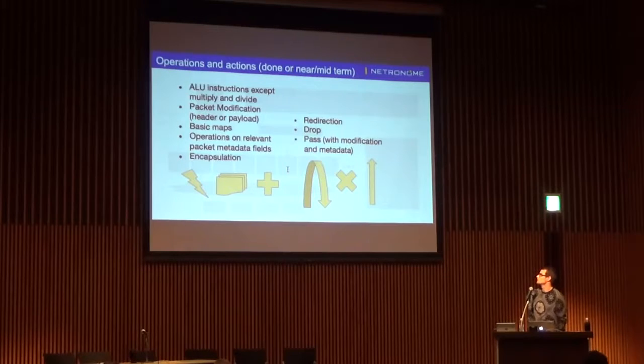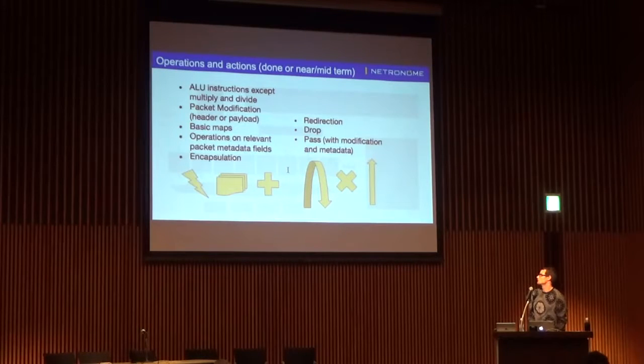A quick overview of the actions and modifications that we can perform on the card. Obviously, most ALU operations we have supported right away. We can do arbitrary packet modifications. We hope to have basic map support soon.